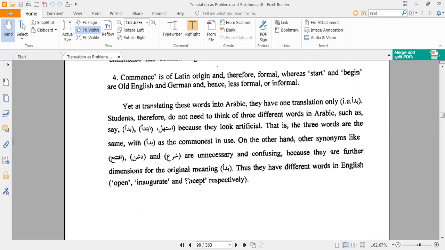Because commence is more emphatic and more formal than begin or start, but we render the three words as if they are one identical or 100% identical word as بدأ. So a loss at the grammatical or at the semantic level occurs in this context.